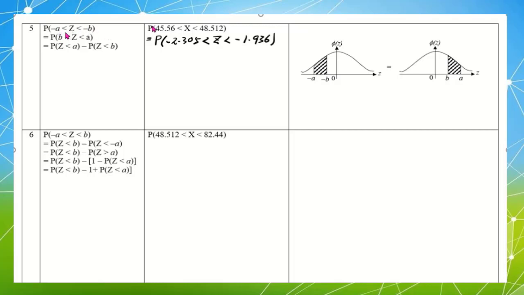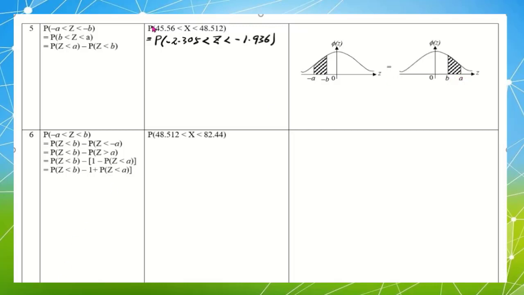So before changing, z is greater than negative a and less than negative b becomes z greater than positive b and less than positive a. The concept is when we look at the diagram, the area in between negative a to negative b, actually is the same as the area where z is greater than b and less than a.